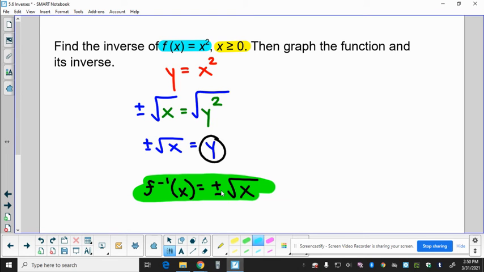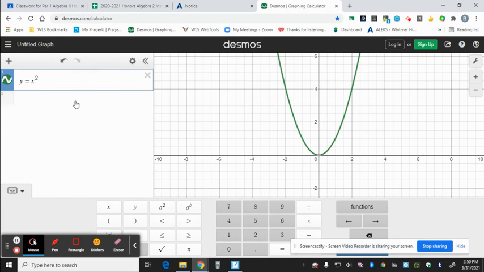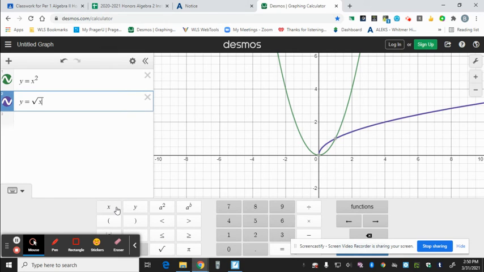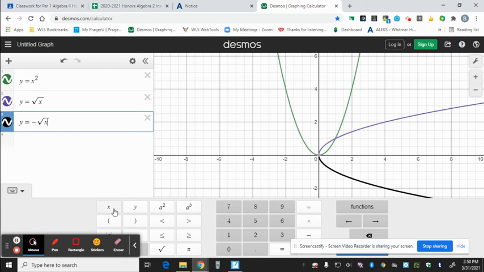Now the other one is positive and negative square root of x. So for this next one, I'm going to put in y equals square root of x. And then I've got to put in the negative square root of x as a separate function.